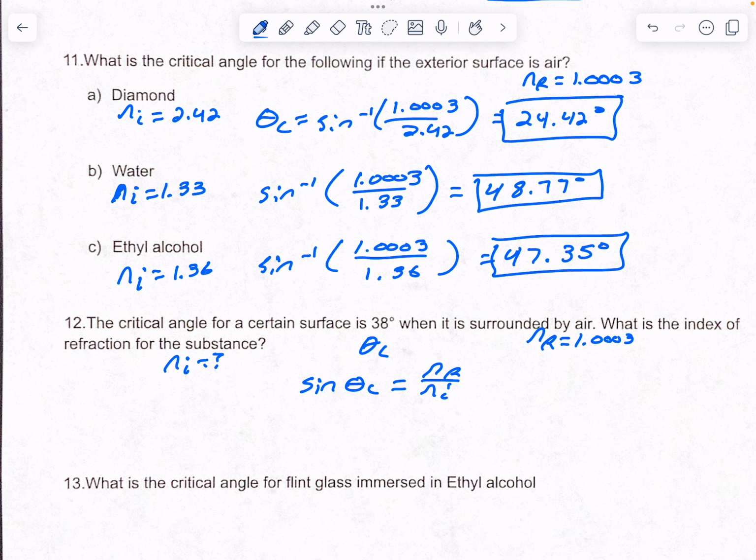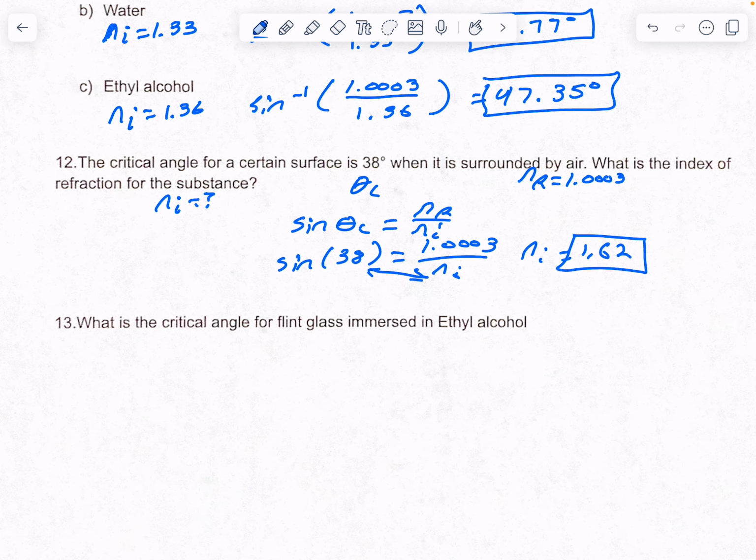Okay, so that's if you just bring that sine back over from the original equation. So sine of 38 equals NR, okay, which we know that is 1.0003 over NI, which we don't know. Okay, so just switch these two. So 1.0003 divided by sine of 38. Okay, and you get an NI, or a refractive index, or original index, of 1.62.